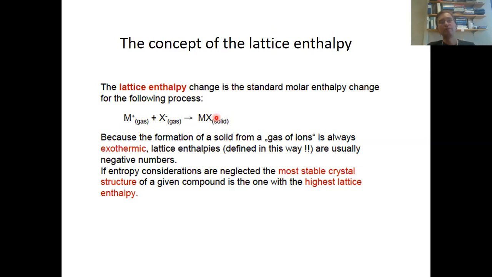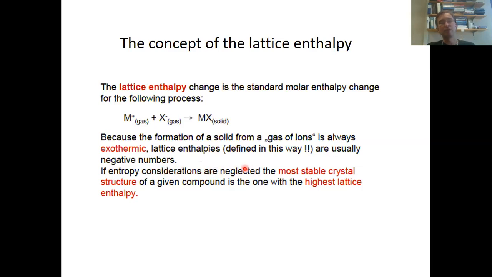Okay, so the lattice energy is an enthalpy. It does not consider entropy, which would also contribute to the overall free energy, which would give you the overall driving force for the reaction. But typically, when we form extended solids and have reactions between extended solids, the entropy considerations can be neglected.